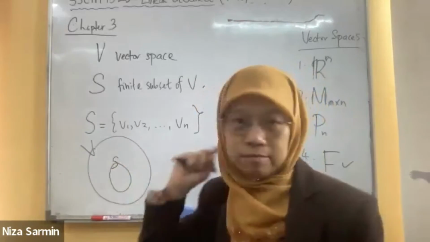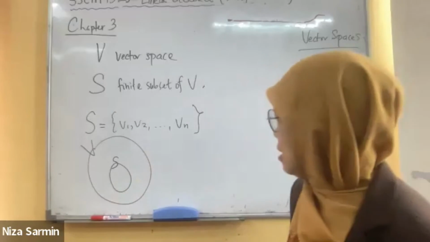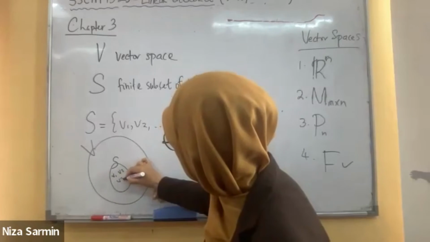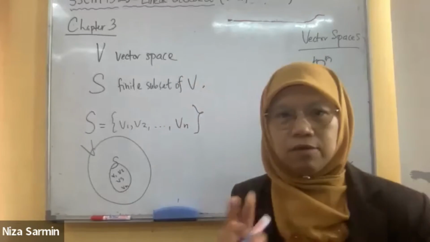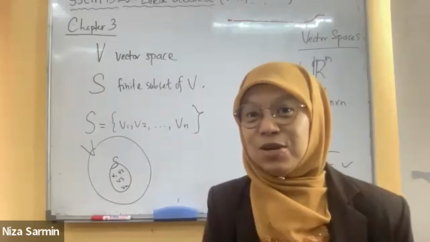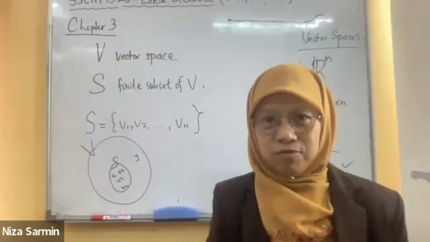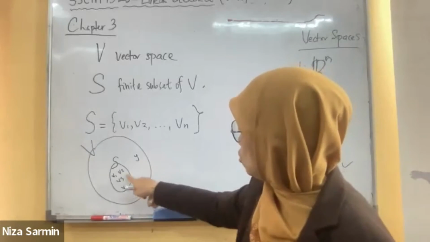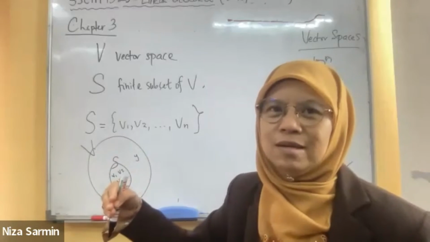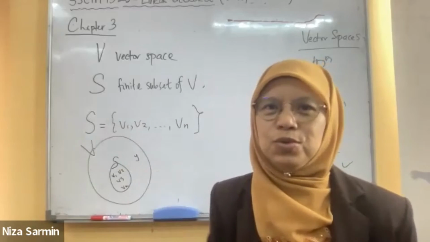S is finite, so we can count how many elements are in S. In S we have V1, V2, V3, maybe until Vn or Vk. When we talk about linear combination, we take any y in V. If y is one of the Vi, it is easy. You just multiply that V by 1 and the rest by 0, so you get y.